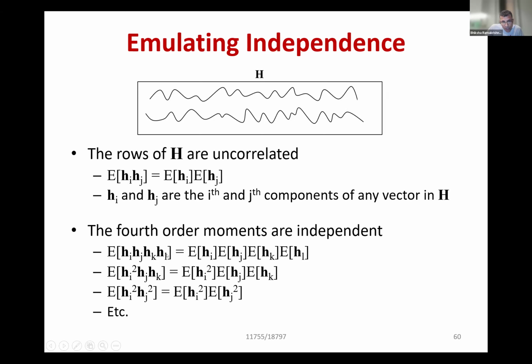Here, all 4 values are different, which means the expectation of the product of 4 values is going to be the product of the expectation of the 4 values. Here, one term is squared and the other 2 are different. So you end up with the expected value of HI squared times the expected value of HJ times the expected value of HK, and so on. So these are all the various 4th order moments, and they can be made independent. So this is what we're going to try to do.